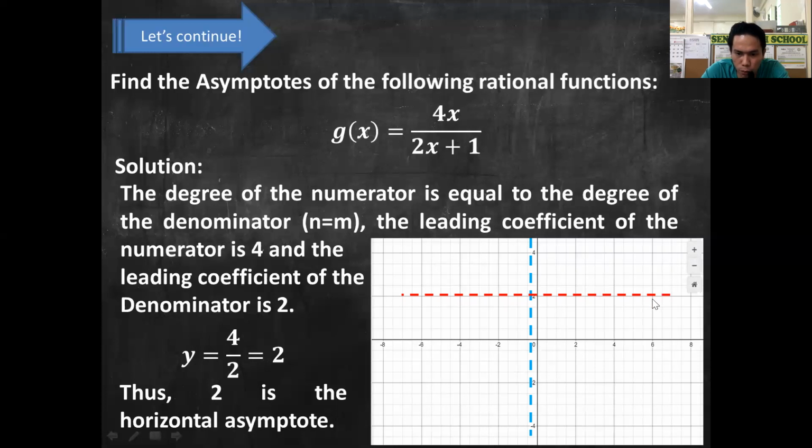At least alam mo yung magiging itsura ng iyong graph ng rational function, at least meron kayong guide. That's why importante na bago tayo mag-graph, hanapin natin yung horizontal and vertical asymptotes. Ganun lang siya kasimple. I hope naintindihan niyo yan.